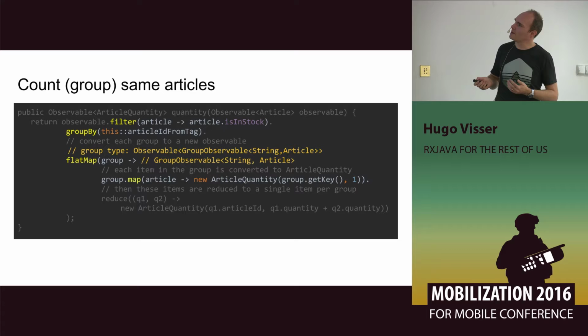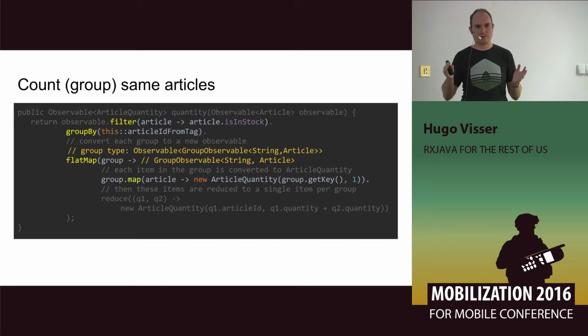And so we take in the group, and then we're going to map the group, which is the same operator that we saw before. We're going to map this into a new object. So we have this article grouped by its ID, and we can create our almost final object, which is the quantity. So we get the article ID here, and we have a quantity of 1. So they're still not unique.